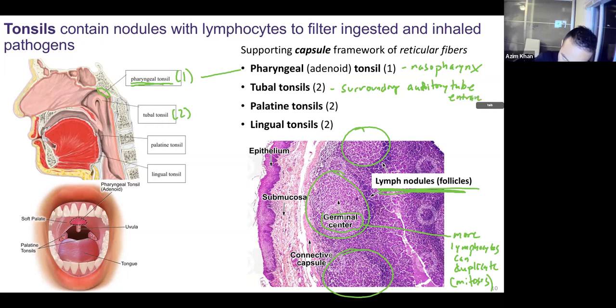Palatine tonsils are the ones, let me circle that, that you can actually see in the back of your throat. If you take a look down here and say, ah, you can see these two bulges on either side. You stick your tongue out. Those are palatine tonsils, and it makes sense. Palatine is by the palate of your mouth.